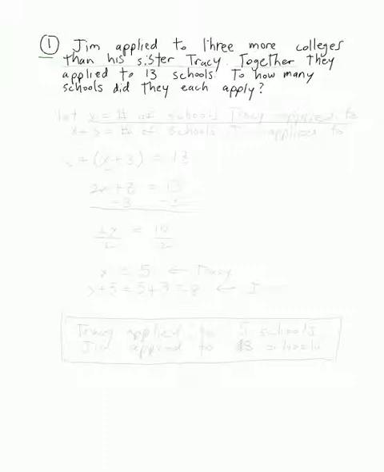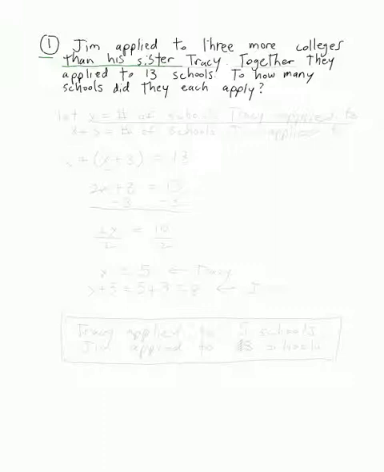So we're going to follow all the steps one by one. Step 1 is to define our variable. Do we have more than one unknown? Let's see. We're talking about how many schools Jim applied to and Tracy applied to. So there are 2 unknowns, aren't there? Now, which one should we let our variable equal? Well, it says Jim applied to 3 more colleges than his sister.